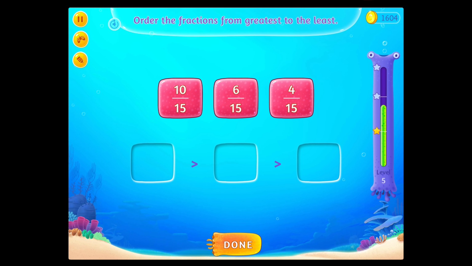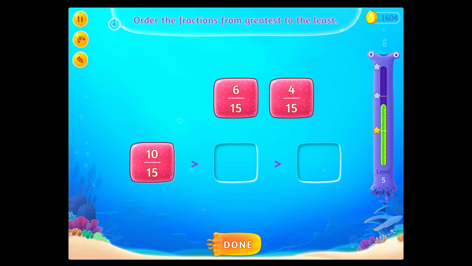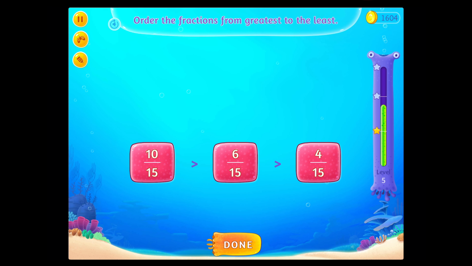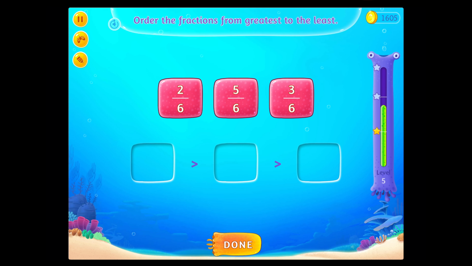Order the fractions from greatest to the least. Good going! Order the fractions from greatest to the least.